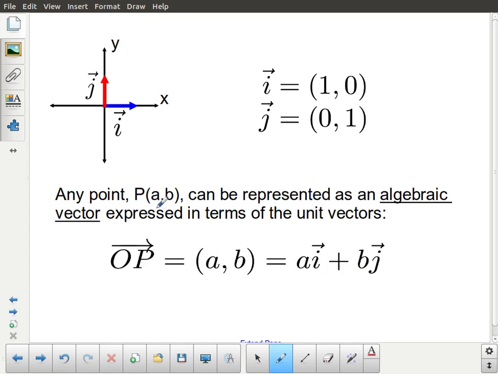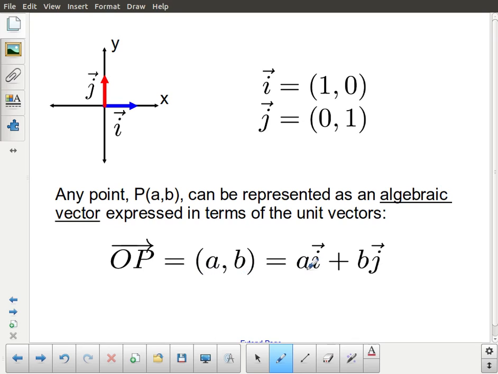So as we've looked at already, any point can be represented in terms of a position vector. And we've talked about expressing these in terms of component vectors. So some point OP, we use this notation for a vector, which is the same as the notation we would use for a point.